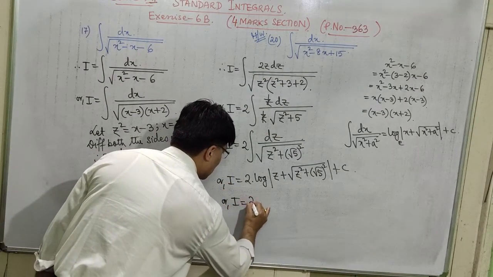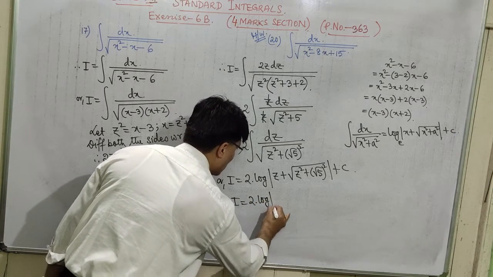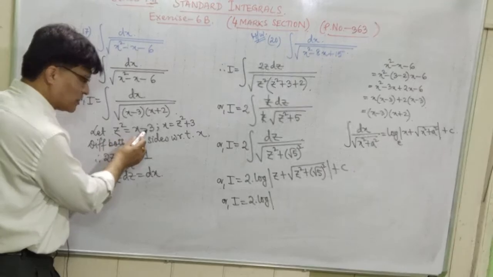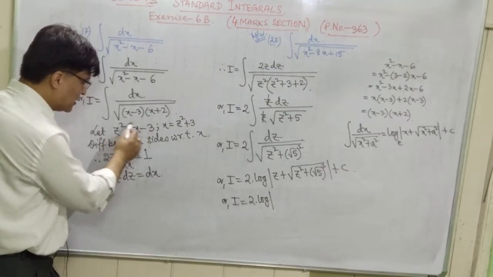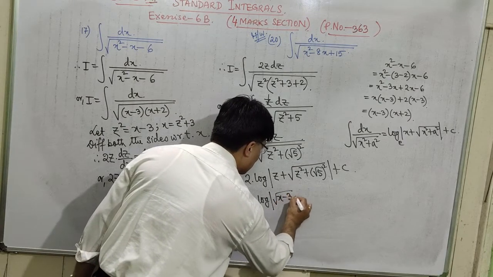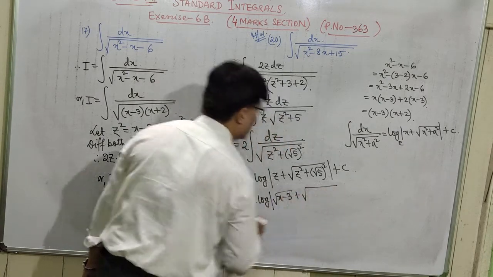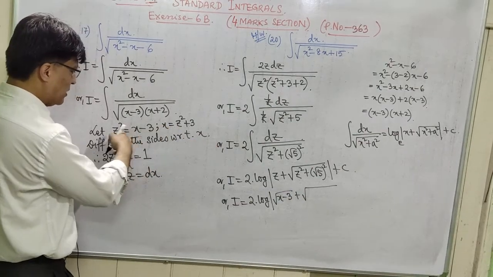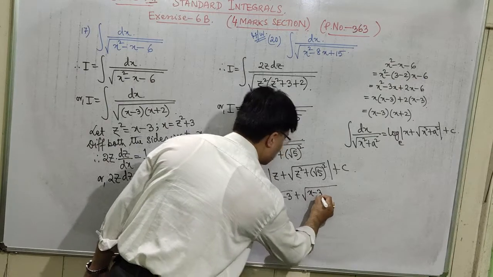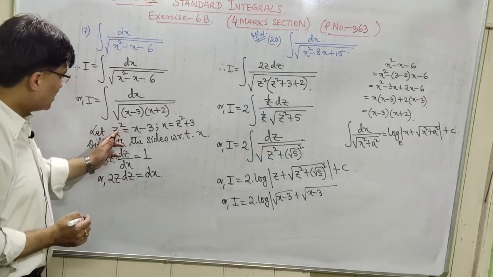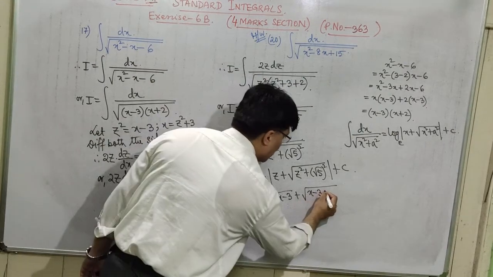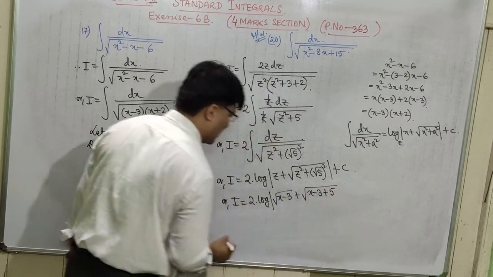I is equal to 2 into log within mod, what is the value for z? Since z square here is x minus 3, z is root over x minus 3, plus root over, what is z square? Here z square is x minus 3 again. So we have put it out here, x minus 3 plus root 5 whole square, that is 5.